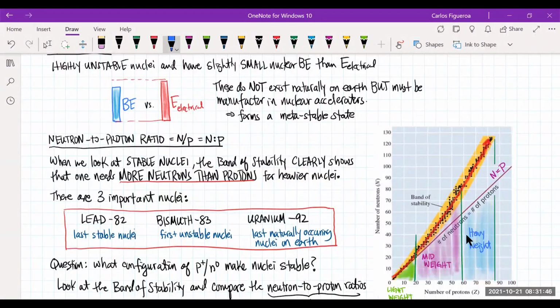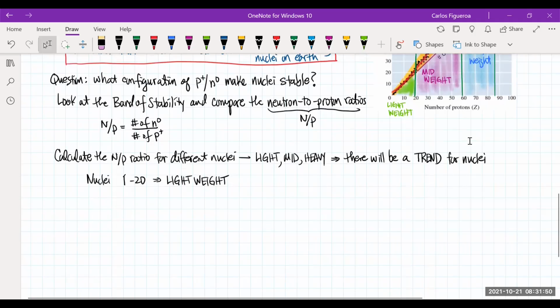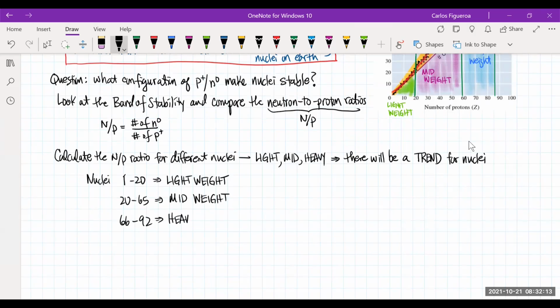That's really what we want to understand here. Remember, these numbers are rough. So for nuclei 20 to let's say about 65, I'm going to say that's midweight, and for nuclei 66 to about 92, I'm going to call them heavyweight.